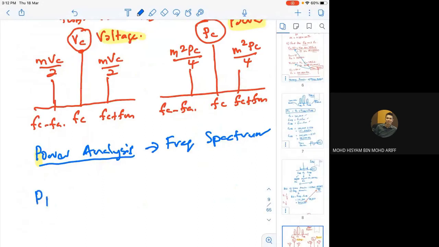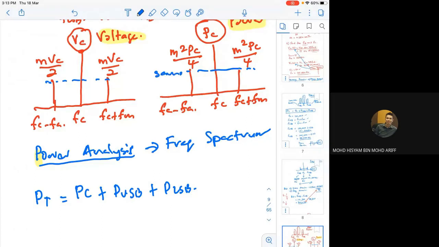Power transmit equals power carrier plus P upper sideband plus P lower sideband. Before that, I want to tell you something. In this figure, the height of both of these sidebands is the same.